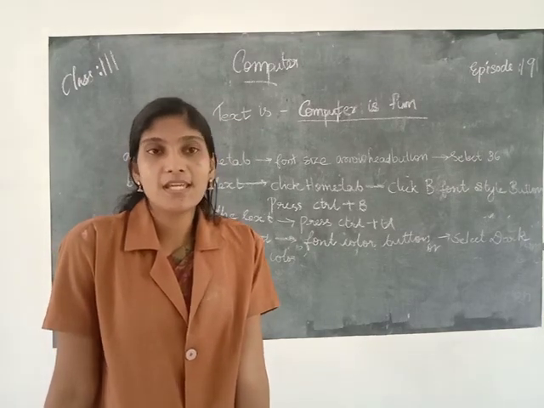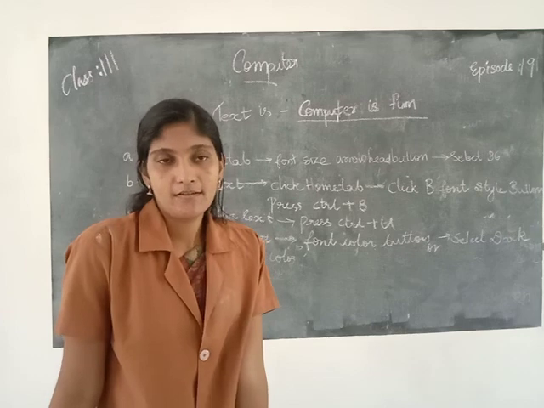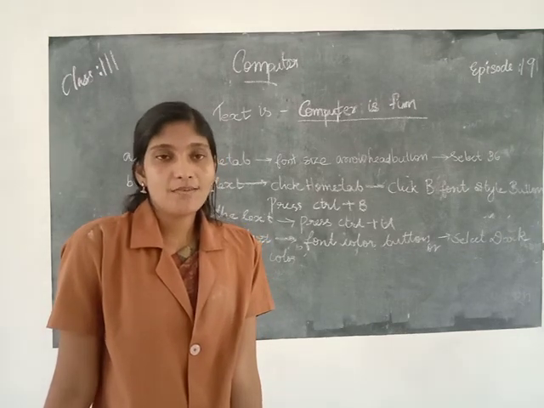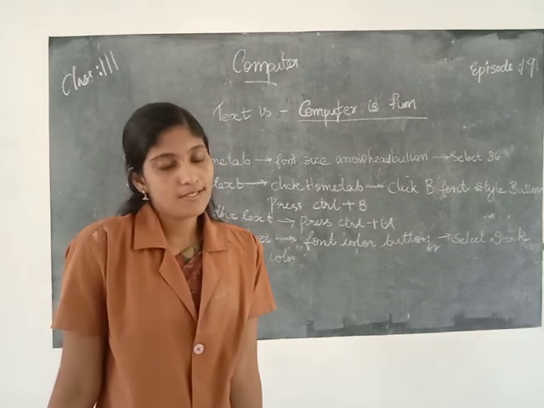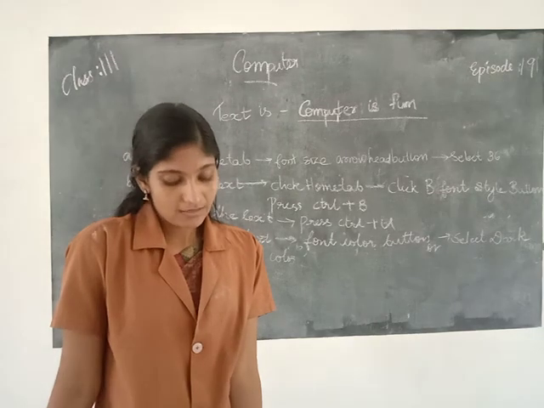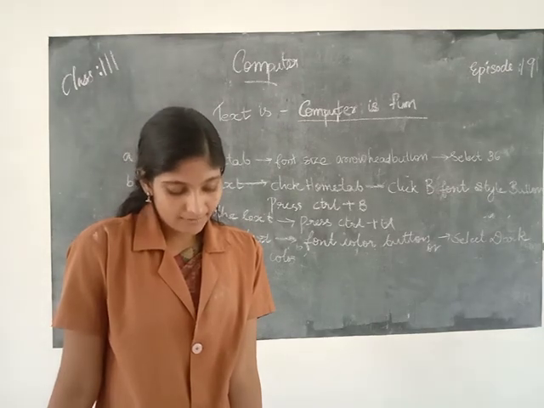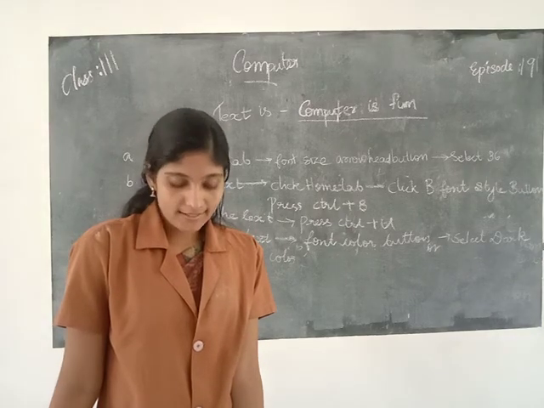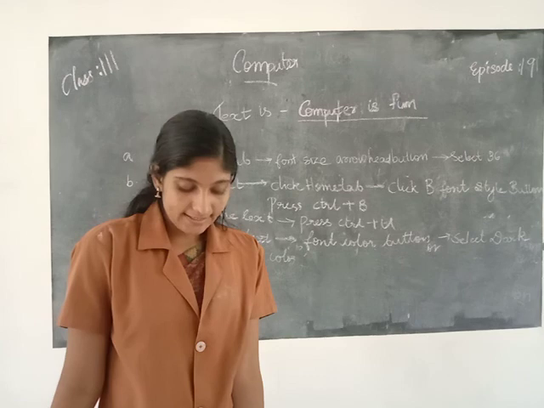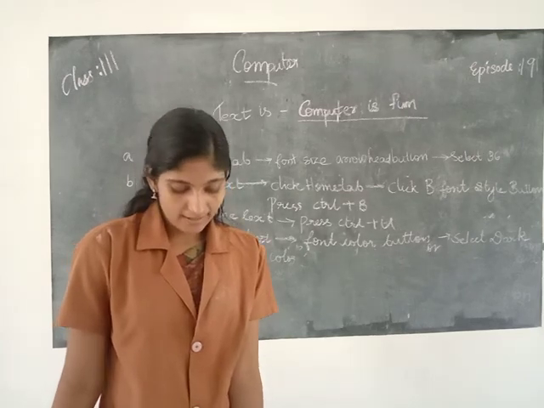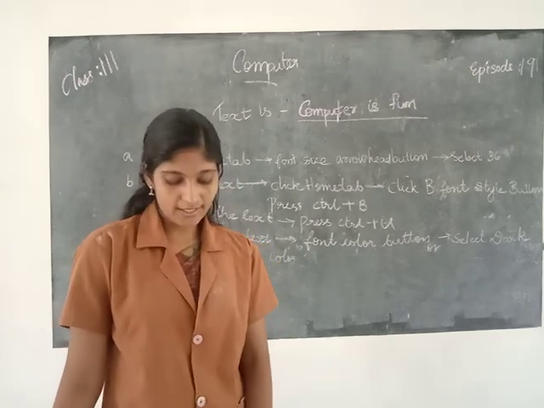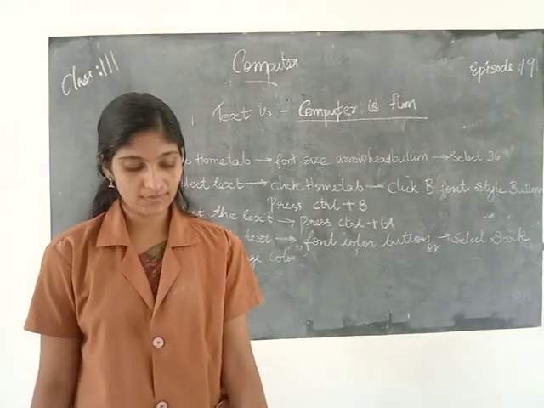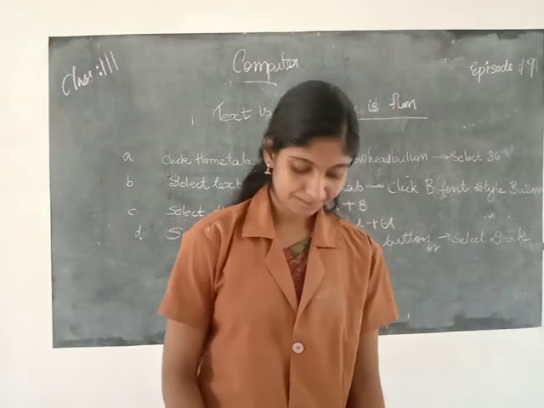For that we need word art. So what are the ways to apply word art? First click the Insert tab, then the word art button, then select the required word style, then type the text, click OK. Then the final text will look like this.